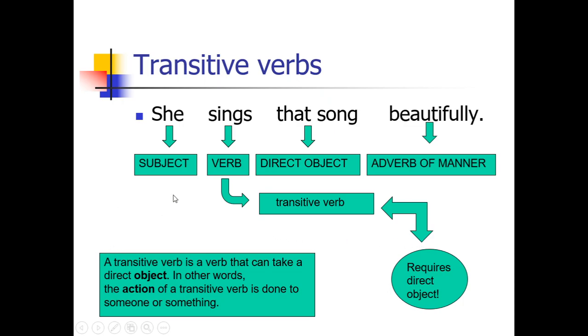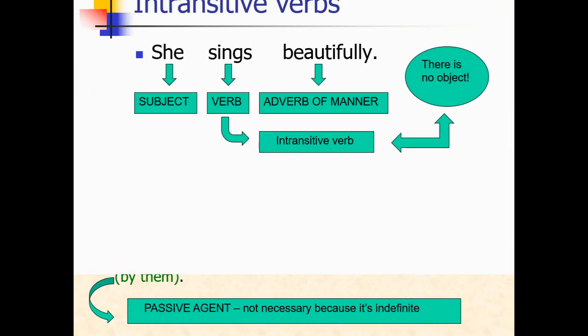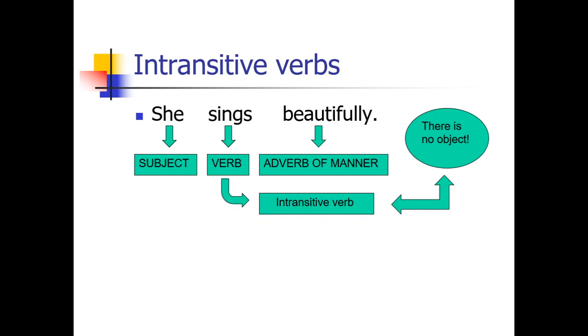Now, I already said that a transitive verb is a verb that can take a direct object. In other words, the action of a transitive verb is done to someone or something. Now, let's talk about intransitive verbs. In this sentence, we've got she sings beautifully.